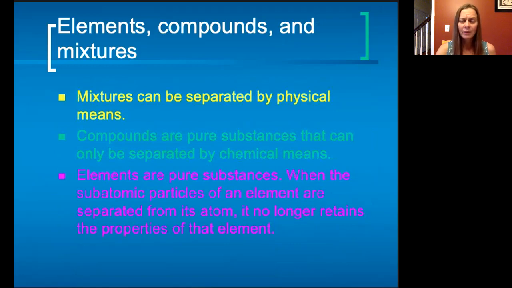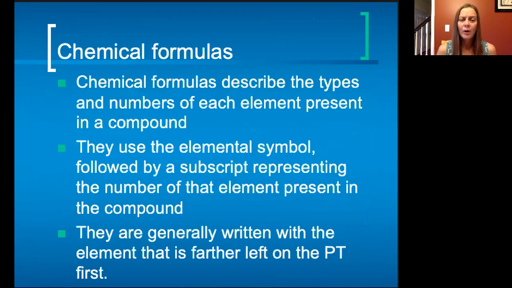So when we put our elements together to make compounds, we write chemical formulas. And these chemical formulas describe the types and numbers of each element that are present in the compound. They're going to use an elemental symbol followed by a subscript representing the number of the element in that compound. And they're generally written with the element that is furthest left on the periodic table first.